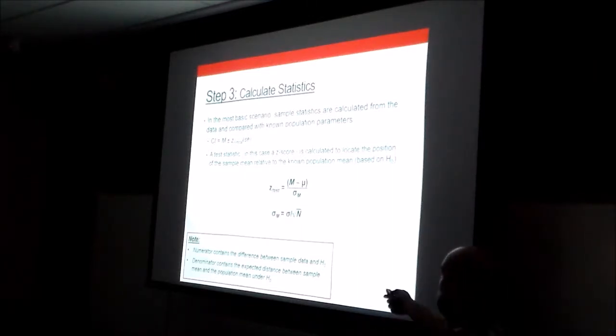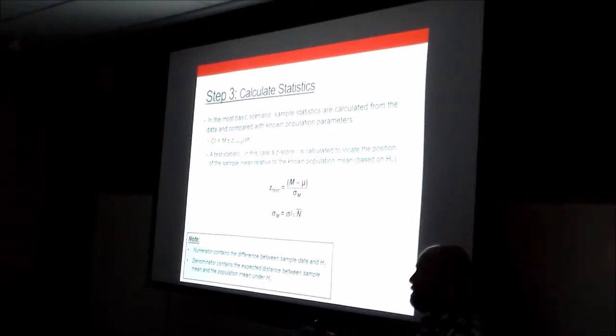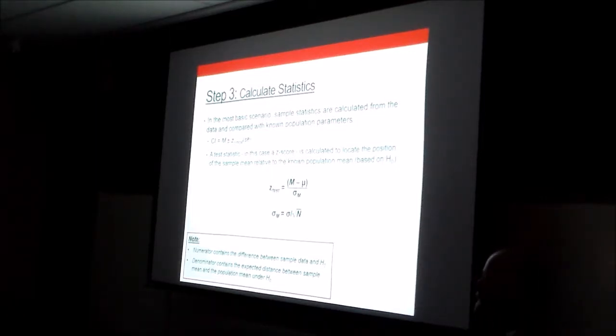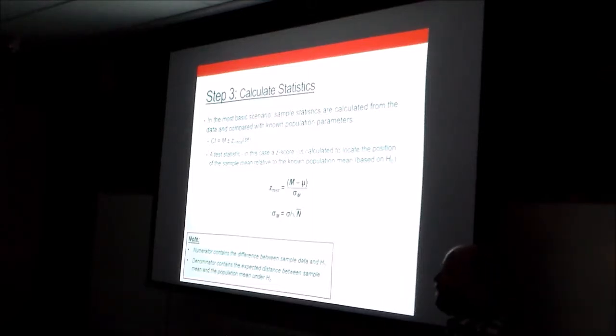What happens if I end up with a difference that ends up being about what I would expect based on just random sampling error? It's going to be small, right? Or about 1, right? I'm getting about as much difference as I would expect based on the variation from sampling this thing over and over again.